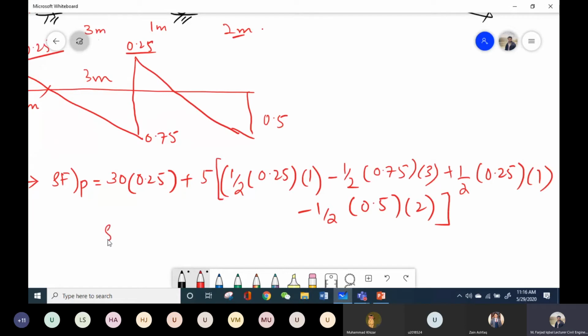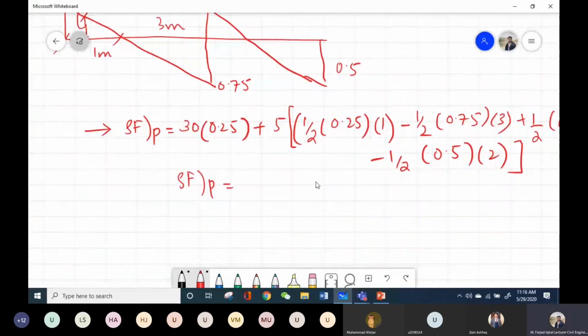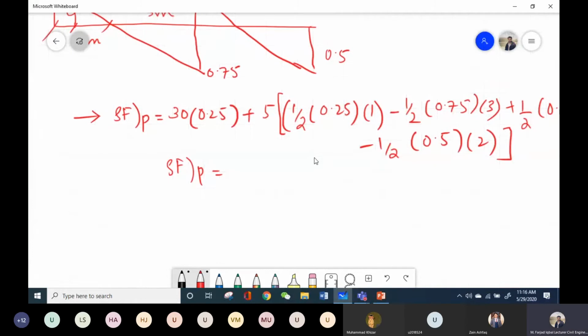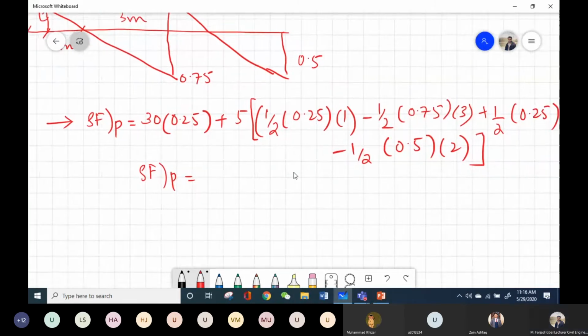So what is my shear force at point P? Anyone? Do you have calculators with you?